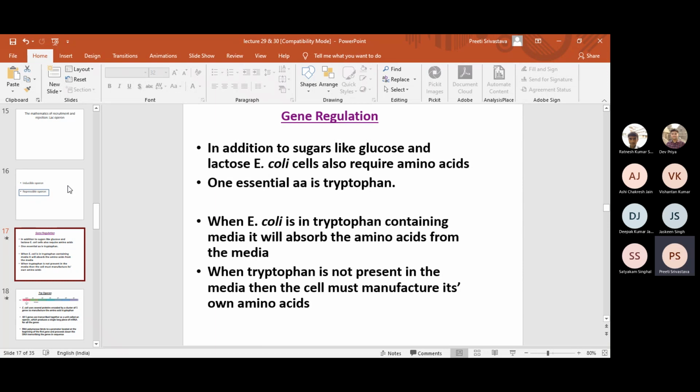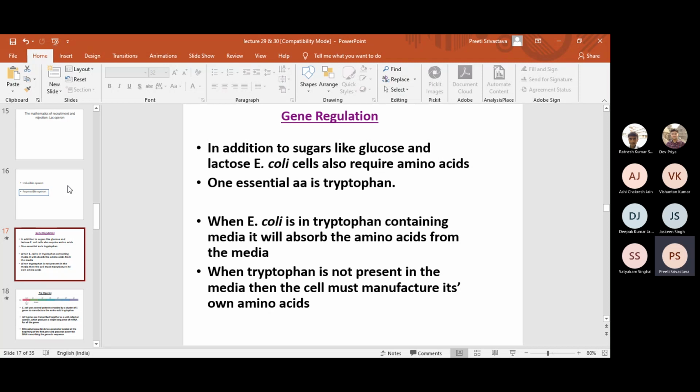But for amino acids like tryptophan, the system is such that when E. coli is growing in tryptophan containing media, these amino acids can be taken up by the E. coli cell. On the other hand, when tryptophan is not there in the media, then the cell has developed a machinery to synthesize it. So this is now talking about synthesis.